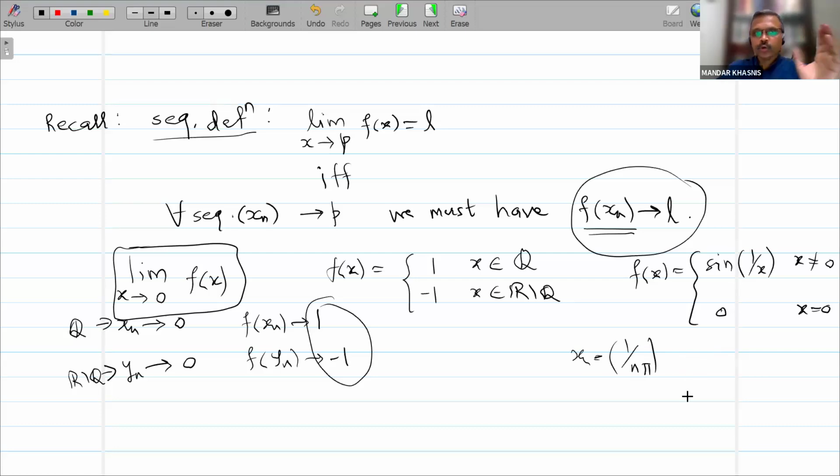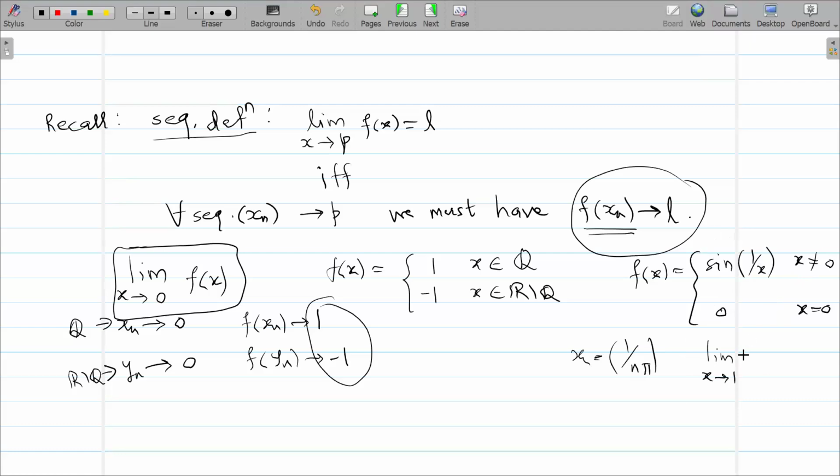Good. One more point, because I need this later on: the limit as x goes to 0 of sine 1 by x doesn't exist. By the way, understand, the limit as x goes to any other point, like 1, of f of x is going to exist.